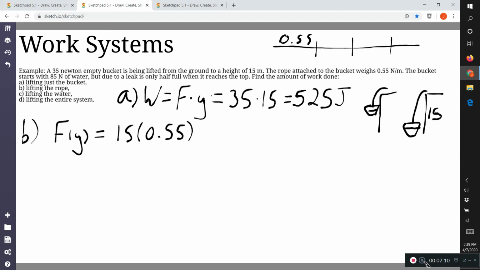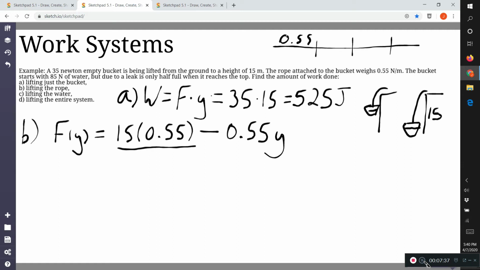Then we're going to go down by 0.55 newtons every meter. So let's think about this equation, because this equation setup is really, really important. The fundamental idea here is we have a certain amount of force to start with.